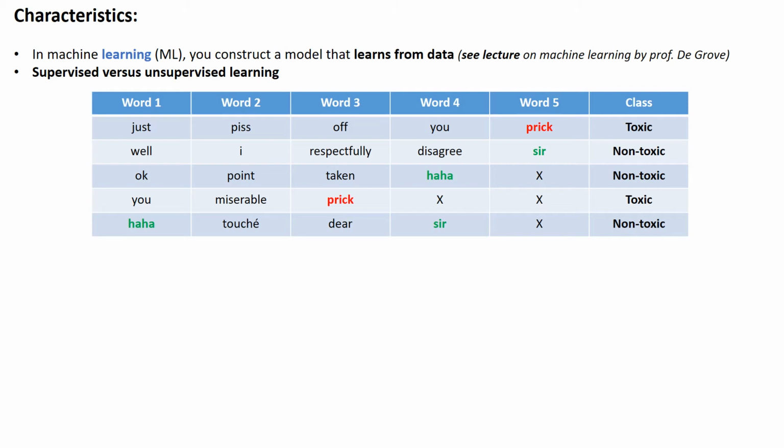"Haha, touché, dear sir." Now, imagine that we want to build an algorithm that understands toxicity in language, and that thus can label a specific text, such as a tweet or a longer text, as being toxic or not.